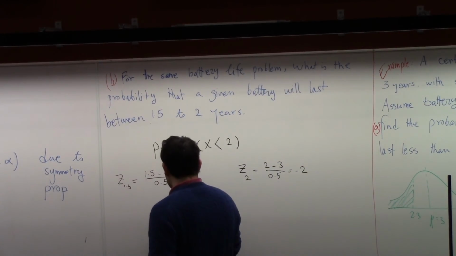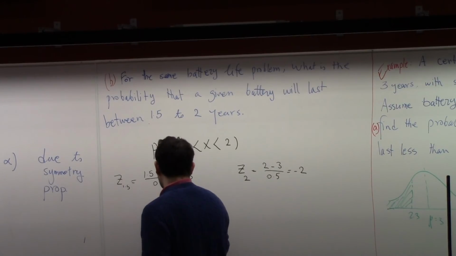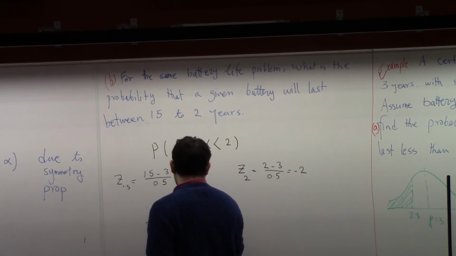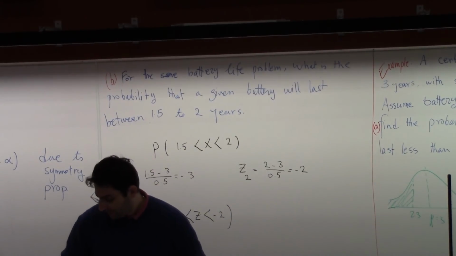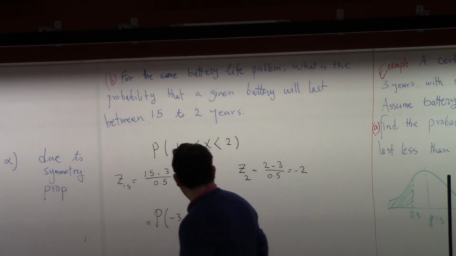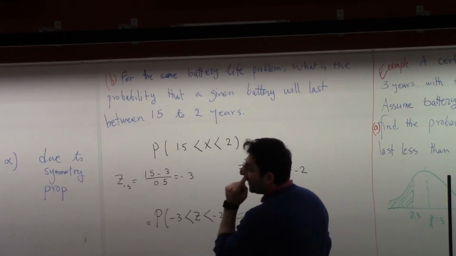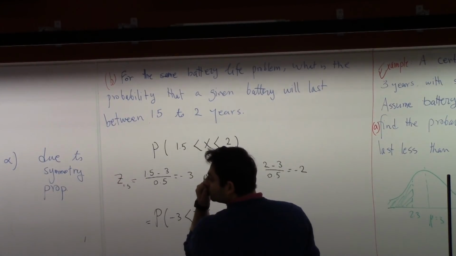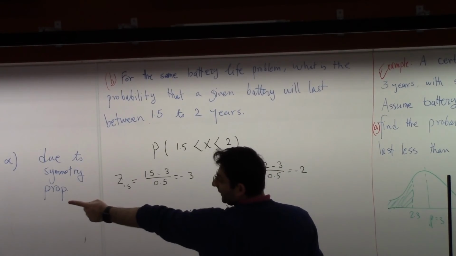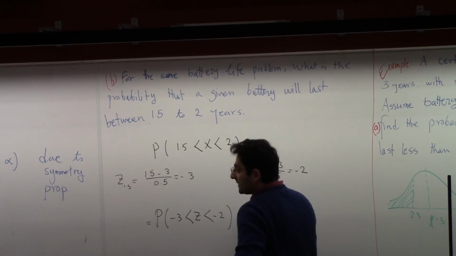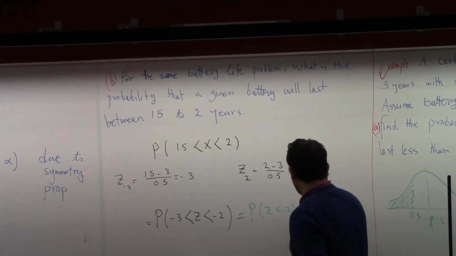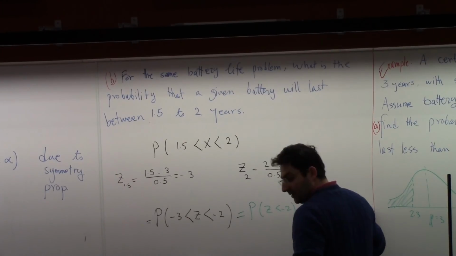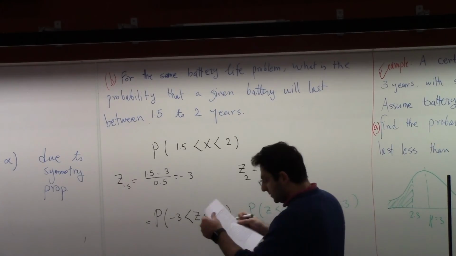In other words, this is equal to the probability of Z to be between minus 3 and minus 2, which we know from the first part of the board. It is the probability of Z less than minus 2 minus the probability of Z less than minus 3.